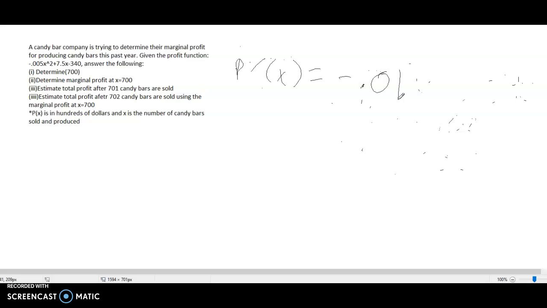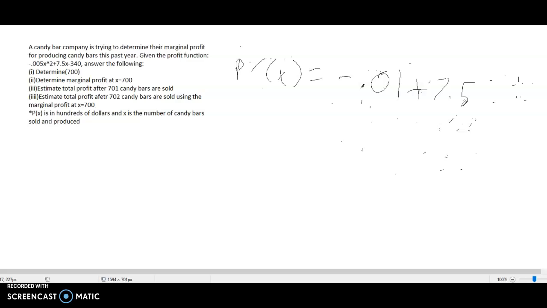The derivative of 7.5x would just be 7.5 because x is to the first power, and the derivative of a constant is always 0. So we're left with negative 0.01x plus 7.5.